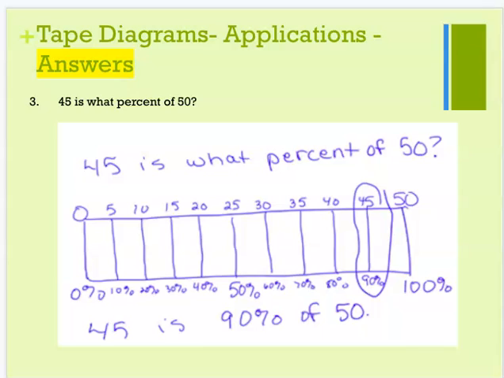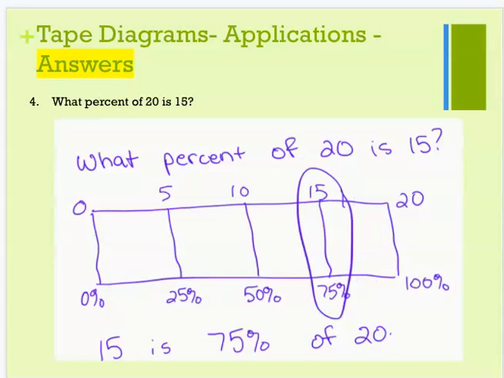If I double 45, that will tell me the percentage. And it does actually work out that way, but I broke it down just like I did before into 10% sections. And when I got to 45, I noticed that that was 90%. And you could think proportional reasoning or equivalent fractions here as well, and those strategies work. We just wanted to look at this visually.